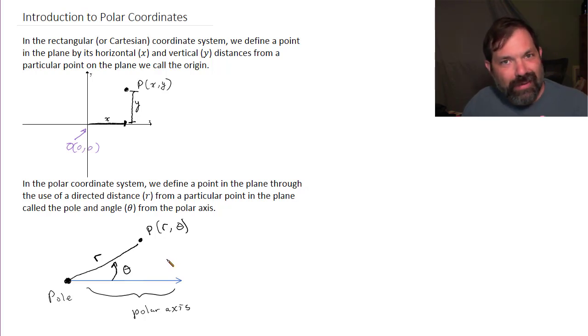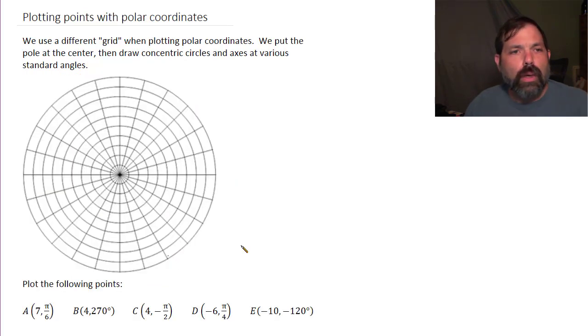Alright, so now that we have seen how we define this system of coordinates, let's now see its use. When we have polar coordinates, we usually use a different sort of grid for it. If you think about when you were asked to buy graph paper in high school, it was a grid, but it was a square grid. With polar coordinates, we use a different grid. A square grid isn't as useful.